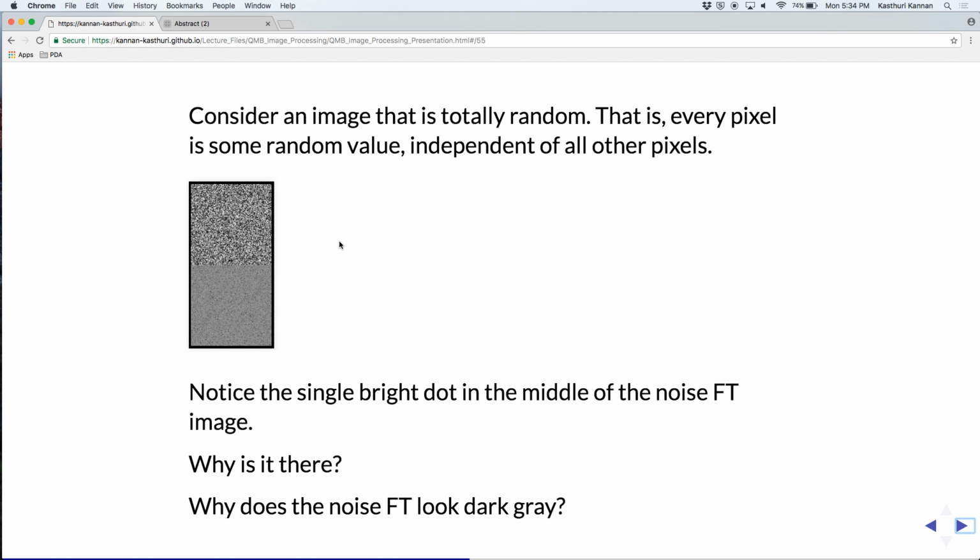So this is a totally random set of pixels, right? And this is the Fourier transform of it. And if you look closely, actually it's not visible here. There's a white dot in the center. Are you able to see a white dot here in the center? Why is it there? Why do you see the white dot there?